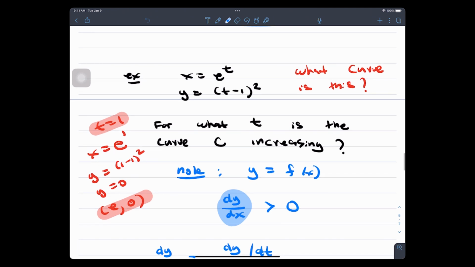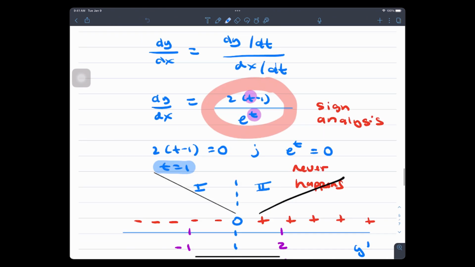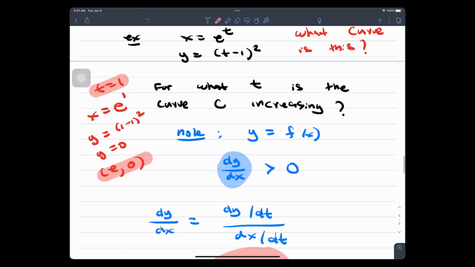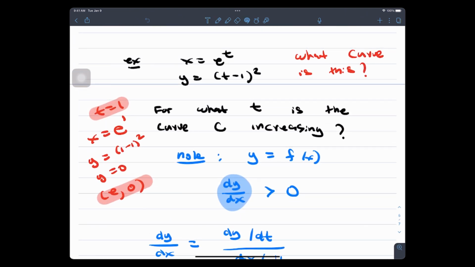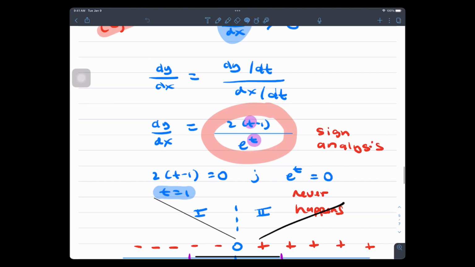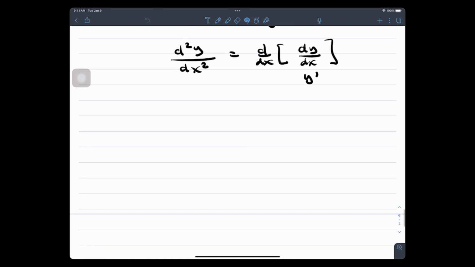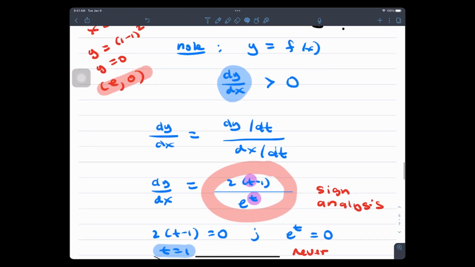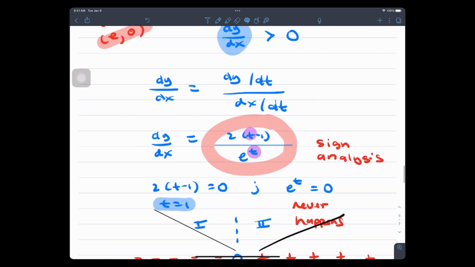X equals e to the t over, okay. So for that example that we had, maybe I should copy it, just to be complete. And then what do you know? To use that formula, we know what? We need to know dy dx. And we got it.